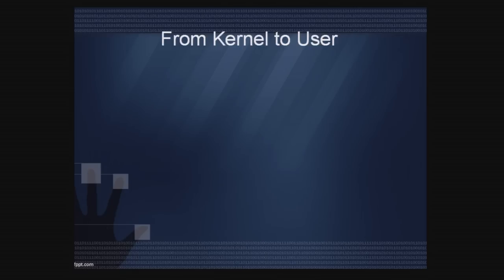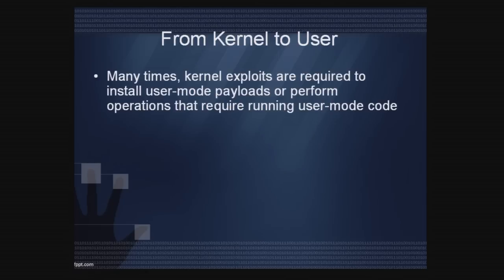Another main problem that exploit developers have in the kernel is quite counterintuitive. You think, oh, you're in the kernel, you can do everything. But many times what you want to do is run user code. And that's actually very complicated, because again, you're in kernel, the kernel doesn't launch processes naturally. There's no API for that.